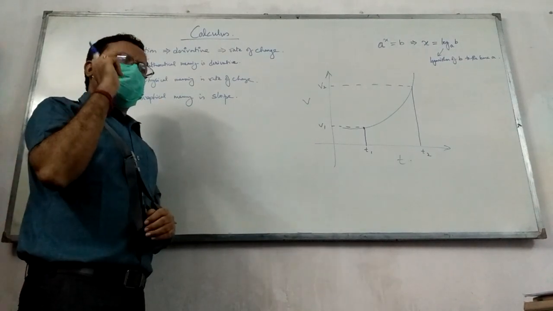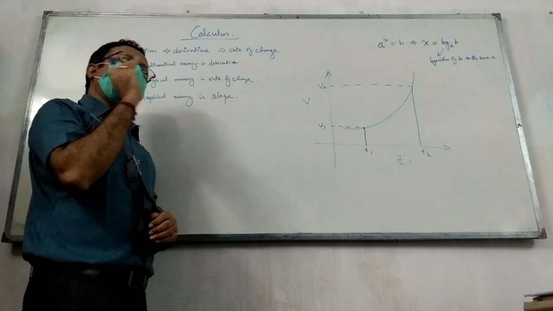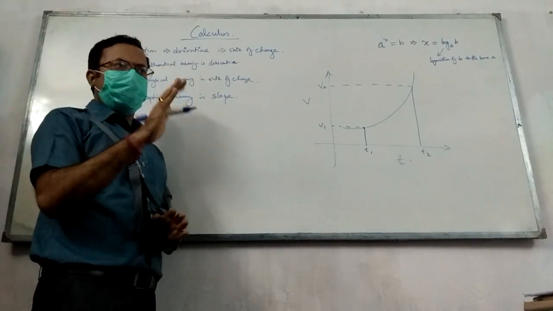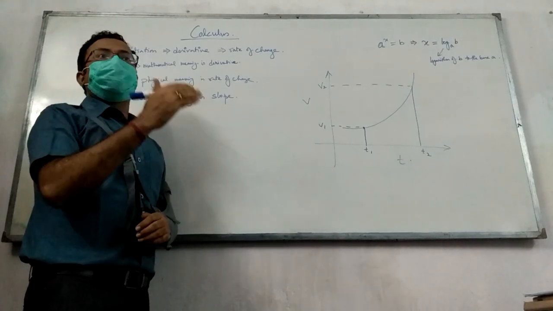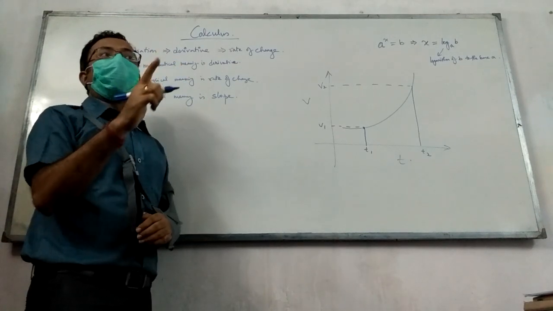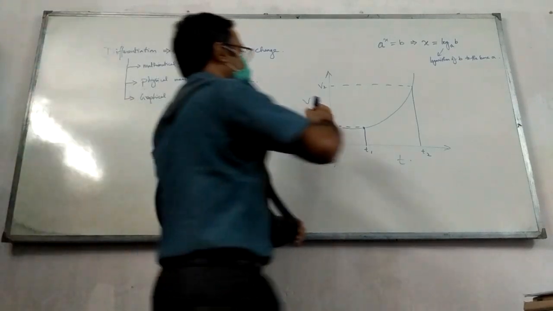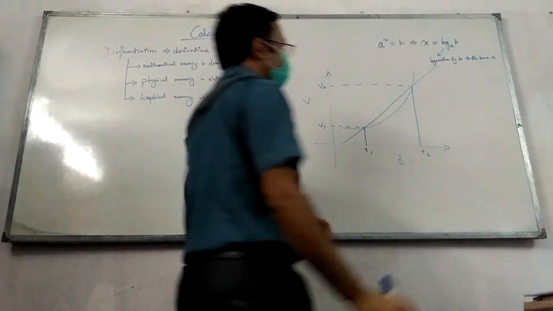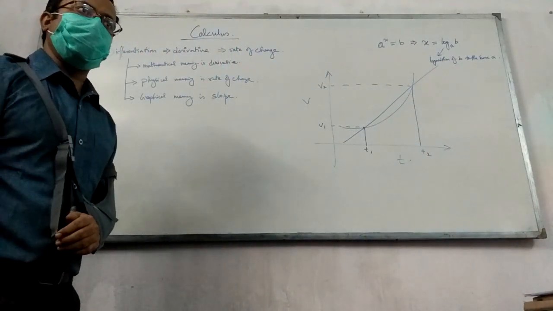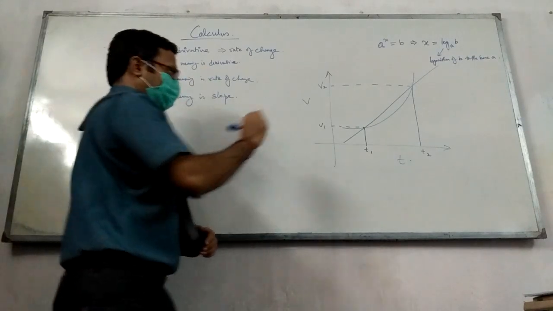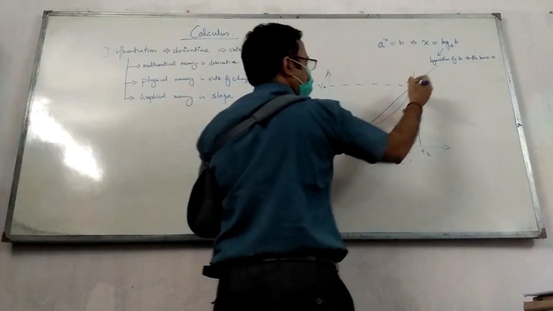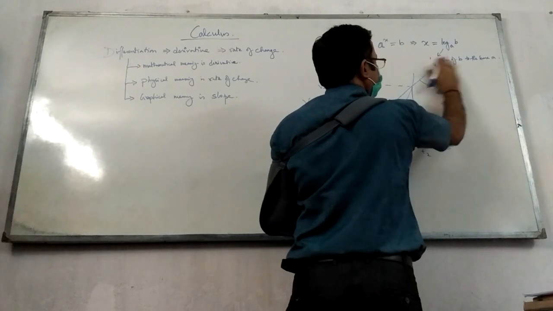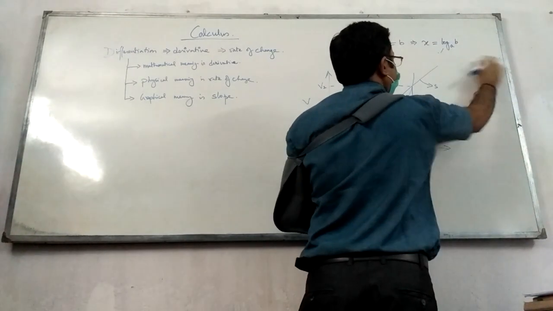For any curve, if a straight line cuts the curve at 2 points, then it is called a secant. Like this one. If I draw a straight line like this, it is a secant.